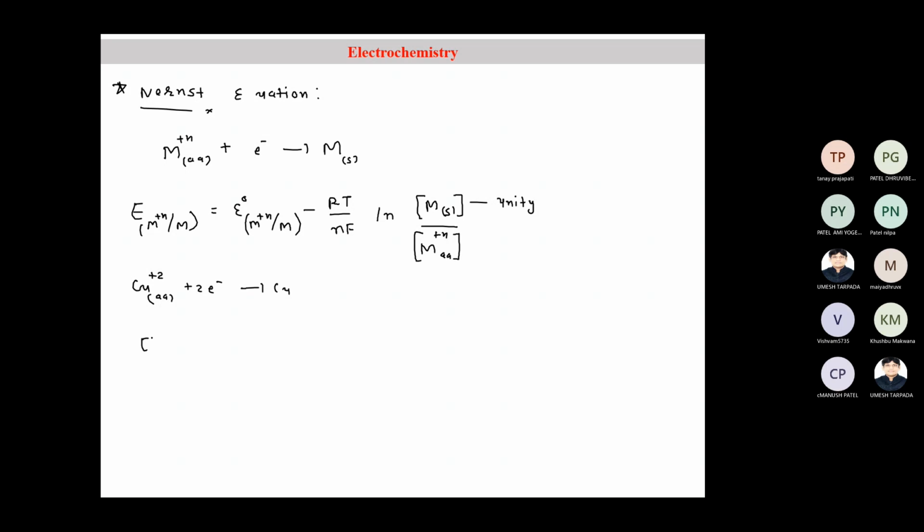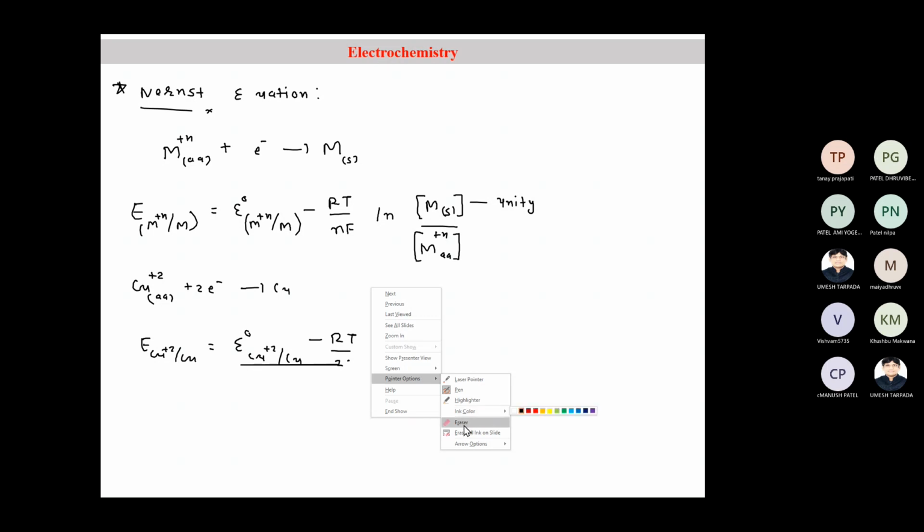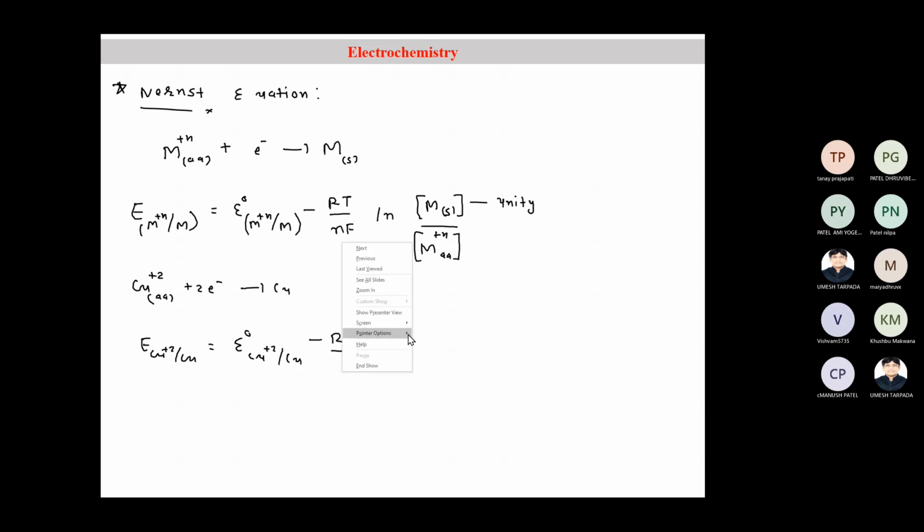It is simply the copper plus 2 to copper half cell potential is equal to the standard half cell potential minus RT upon N, where N is equal to 2. 2 electrons get exchanged, so it's 2F, ln 1 upon copper plus 2.